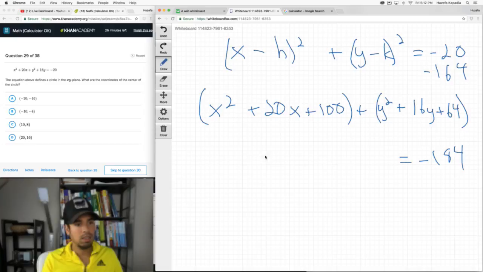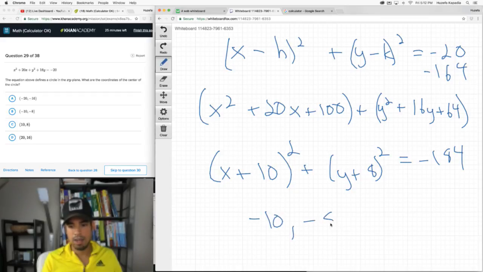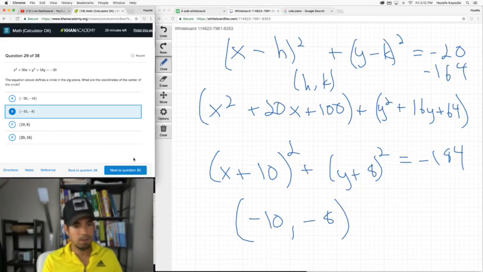So this is just (x plus 10) squared, since 10 is the square root of 100, plus (y plus 8) squared. What's the coordinate of the center? Remember, the center is (h, k) in the main formula, so it's the opposite signs: plus 10, plus 8 gives -10, -8. So you've got a center at (-10, -8).